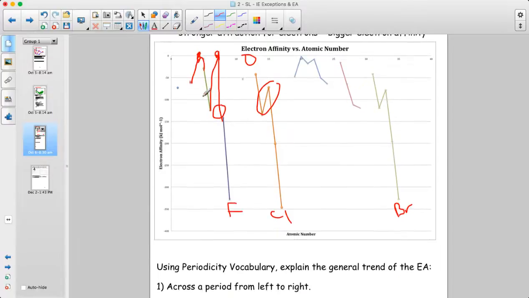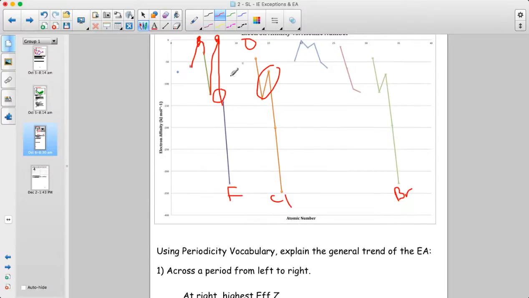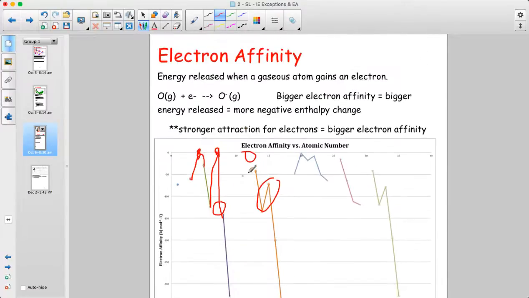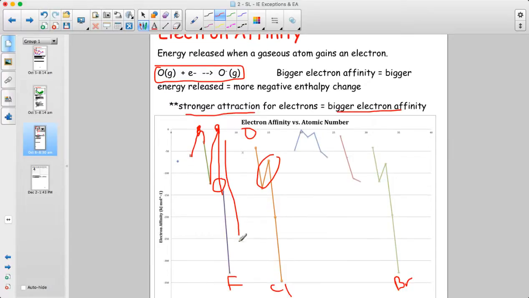Now, I don't think you need to explain these exceptions to the trend for electron affinity. I think just knowing essentially what electron affinity is, knowing how to represent it in an equation, and understanding that it's a pretty similar rule. The general trends, the things that increase effective nuclear attraction, which is fewer principal energy levels and more protons, mean a bigger electron affinity, a more negative electron affinity.